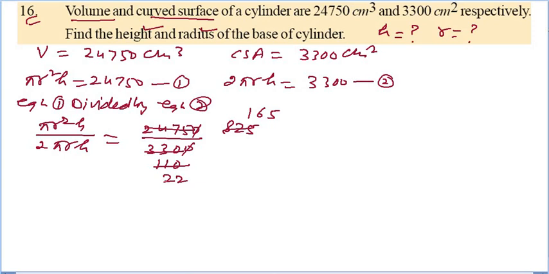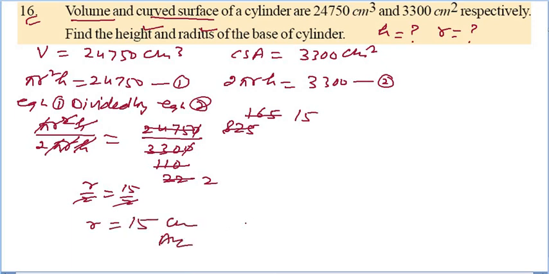Once again by 11 2 ja, and here is 11 1 ja 11 and 11 5 ja. And here you can see pi is cancelled to this one, and 1 r is cancelled to this one, and 1 h is cancelled to this one. So we get here r by 2 is equal to 15 by 2. So 2 cancelled, so r is equal to 15 centimeter.